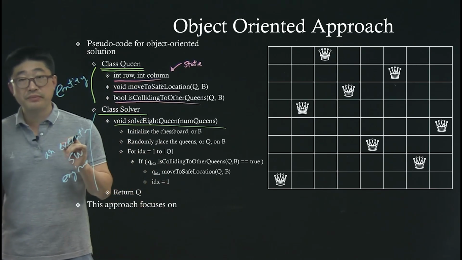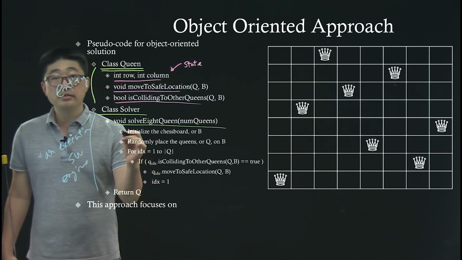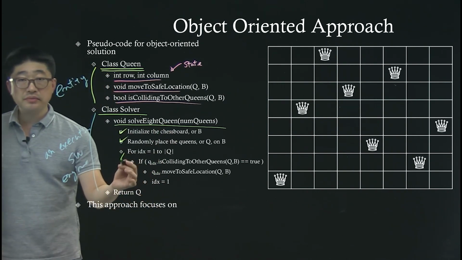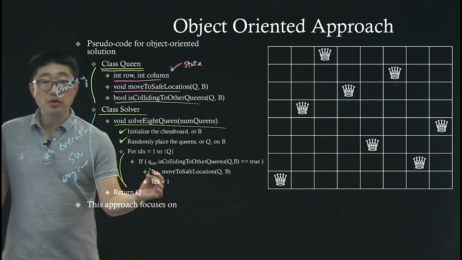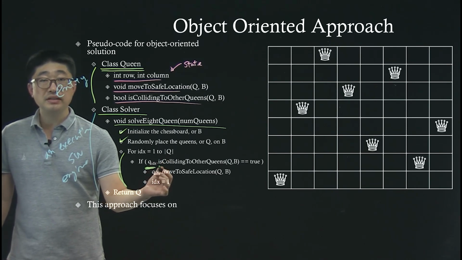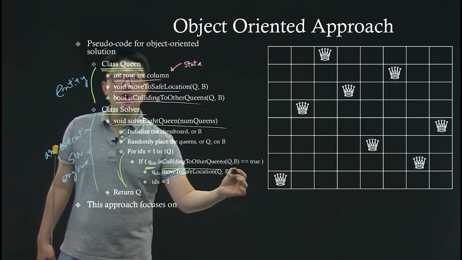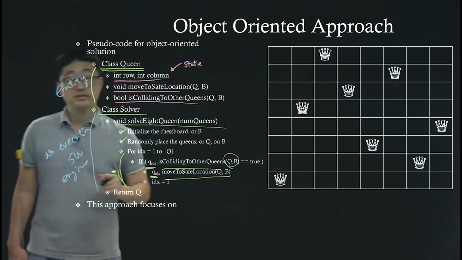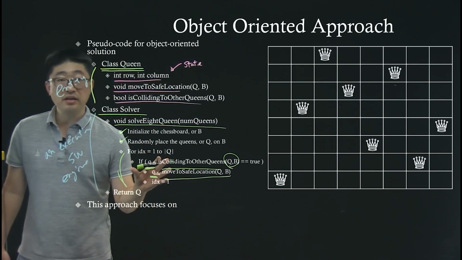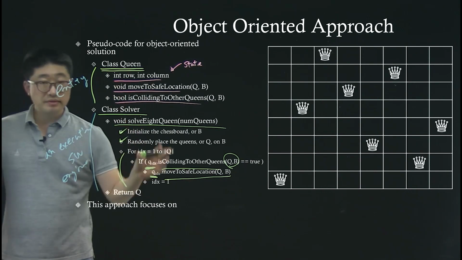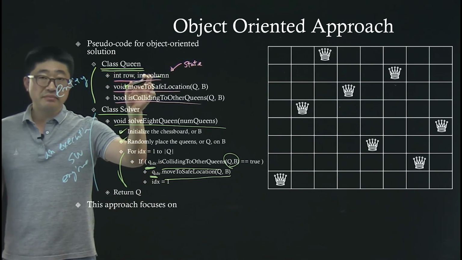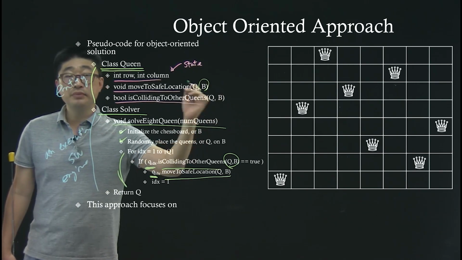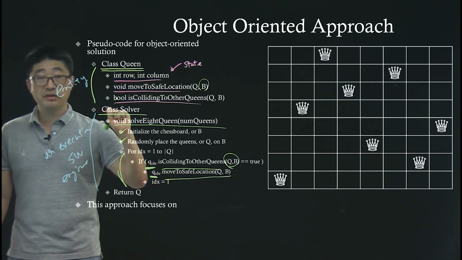However, it's different from the previous one. The random placement is the same, but now we call upon each of these queens and ask whether it is colliding with other queens, and then ask that entity to move somewhere safe. So we ask an entity to do something based upon its state and some input context.